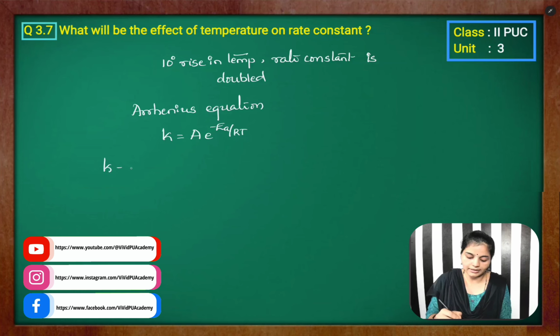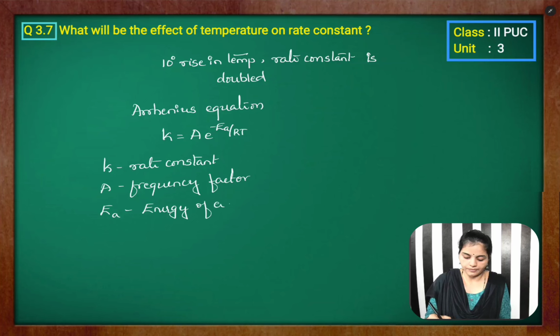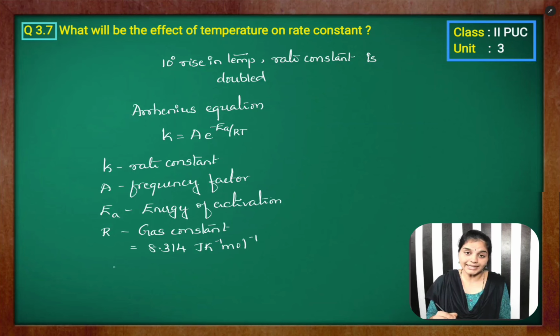Here in this expression, we have K is the rate constant, A is Arrhenius constant, or it is frequency factor, EA is energy of activation, or it is activation energy, and we have R, which is gas constant, whose value is equal to 8.314 joule per Kelvin per mole. And we have T, that is temperature. So these are the things that you need to include to answer how temperature is going to affect rate constant of a reaction.